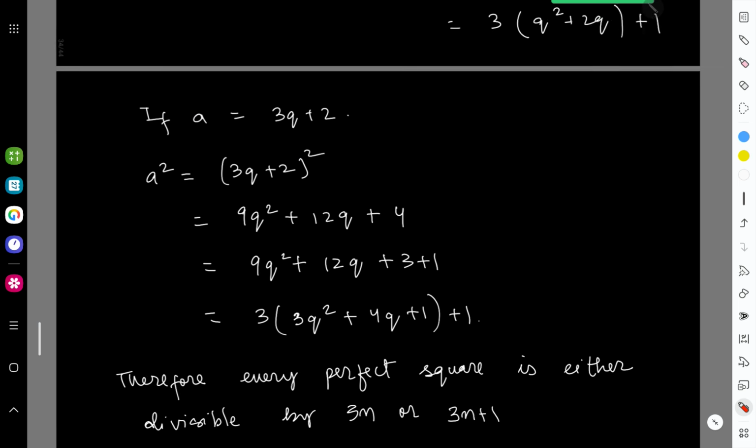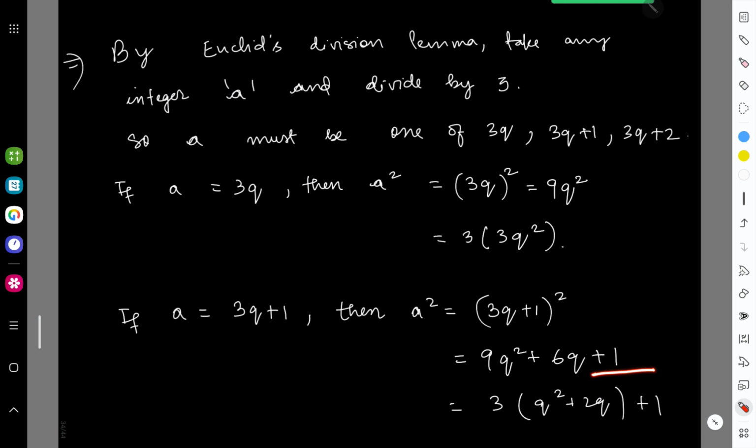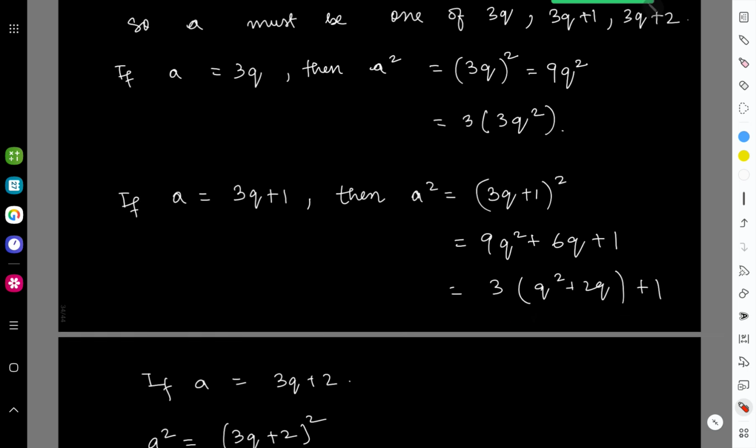So let's not disturb this term plus 1, and for these 2 terms we can take 3 as common, and we can just express this as 3n plus 1. So for the second case, when the remainder is 1, we have expressed the square of the integer in the form of 3n plus 1.